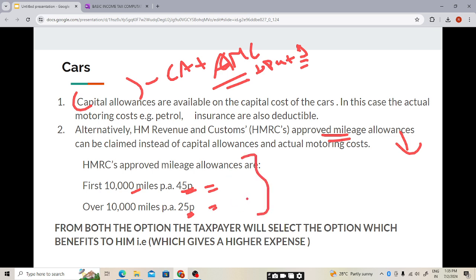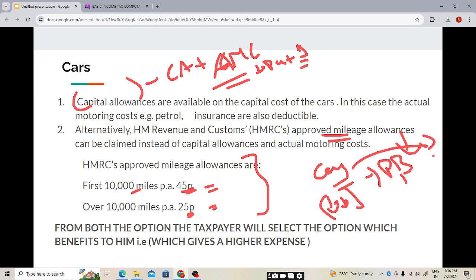What does this mean? Now I am owning a car and using it for my property business. I purchased the car and I am incurring petrol and insurance costs. Either you can calculate the capital allowance and the actual motoring cost as your expense, or you can go by how many miles the car traveled.